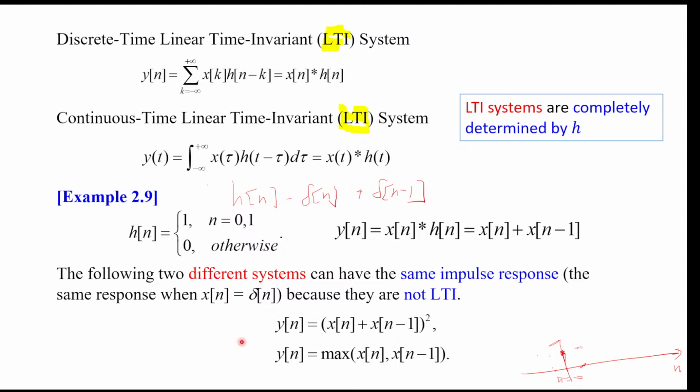Because they are not LTI, they can be a different system from this one. So this is just a cautionary tale: don't blindly say that your system is determined by your impulse response, because this is only true for LTI systems.